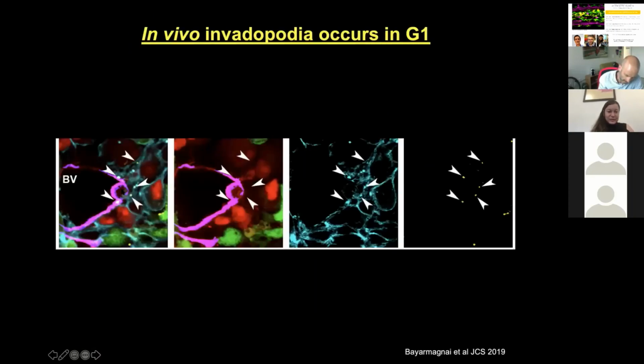So the purple is the blood vessel. The enrichments of actin are invadopodia, they're little puncta, and you can see all these cells are red. So all the cells surrounding the vessel that are creating invadopodia precursors, and here on the right you have yellow collagen degradation antibody. So all the degrading cells are in G1 in vivo.